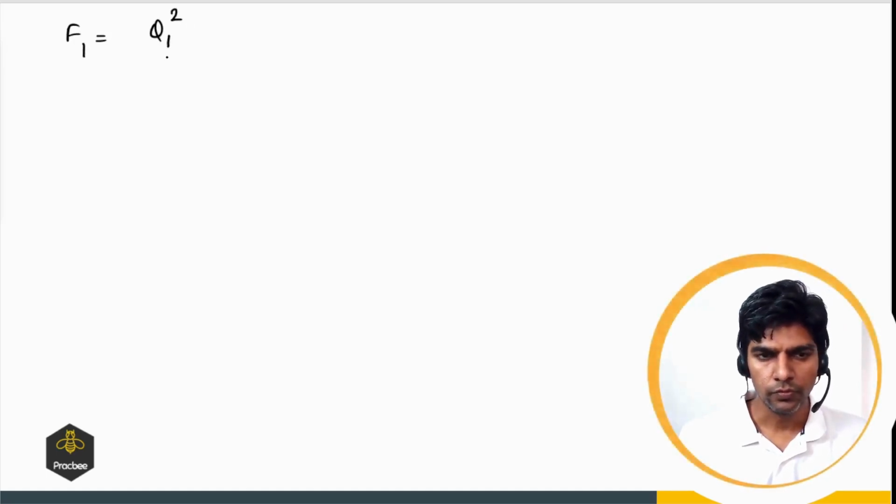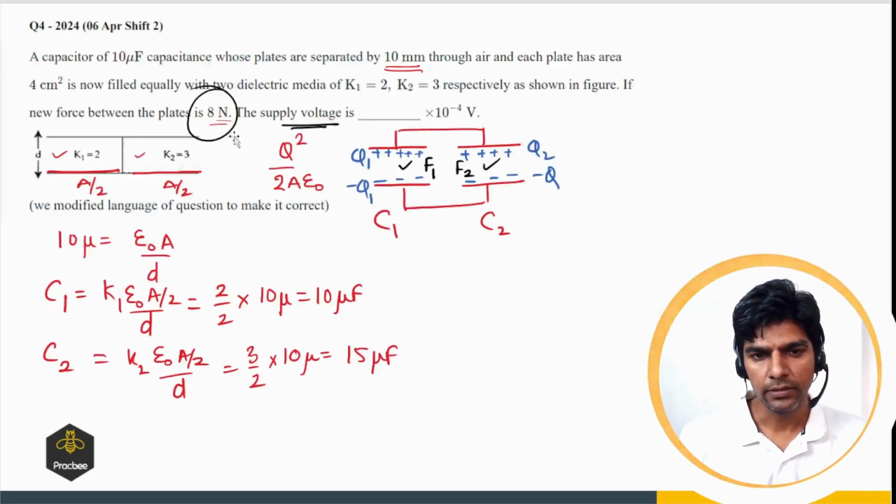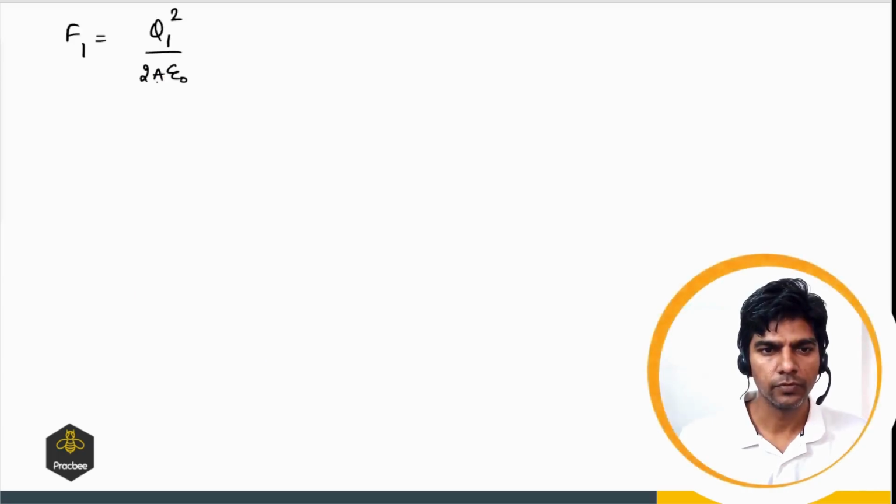So F1 can be written as Q1 square upon 2A epsilon naught. And A in this case, if you look at the area of the first capacitor, it is A by 2. So I will write A by 2. So this will get cancelled out.